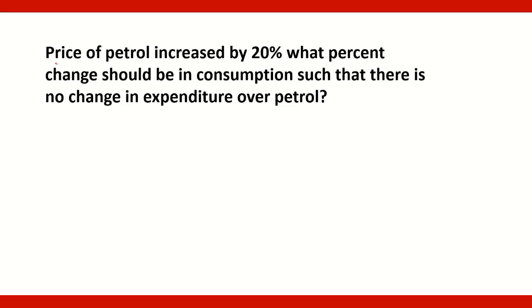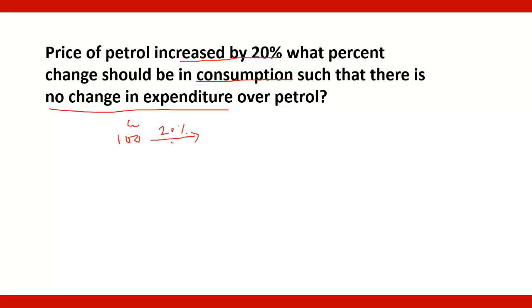Next is the price of petrol is increased by 20%. What percent change should be in consumption such that there is no change in expenditure over petrol? So first assume that the price of the petrol is 100. It is increased by 20%, that the consumption is of 100 rupees.